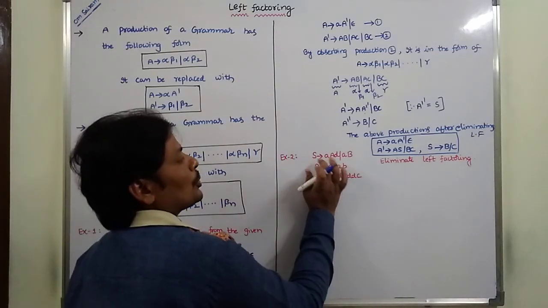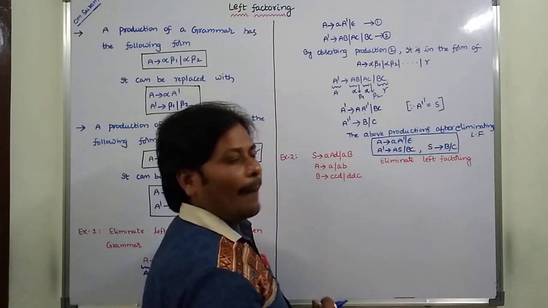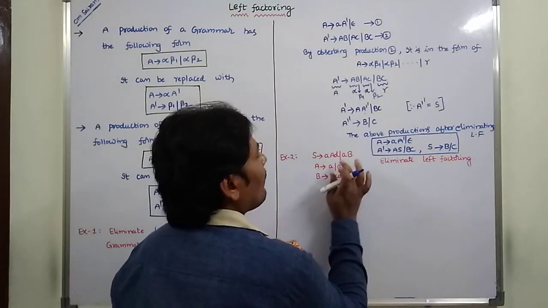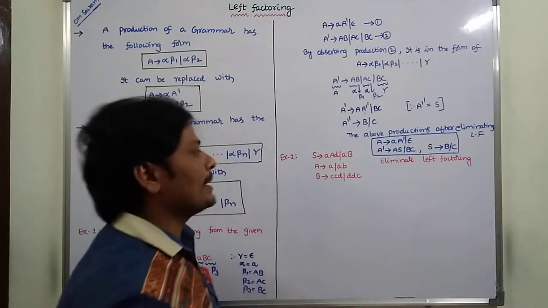S tends to small a capital A small d by small a capital B. A tends to A by AB, B tends to CCD by DDC.